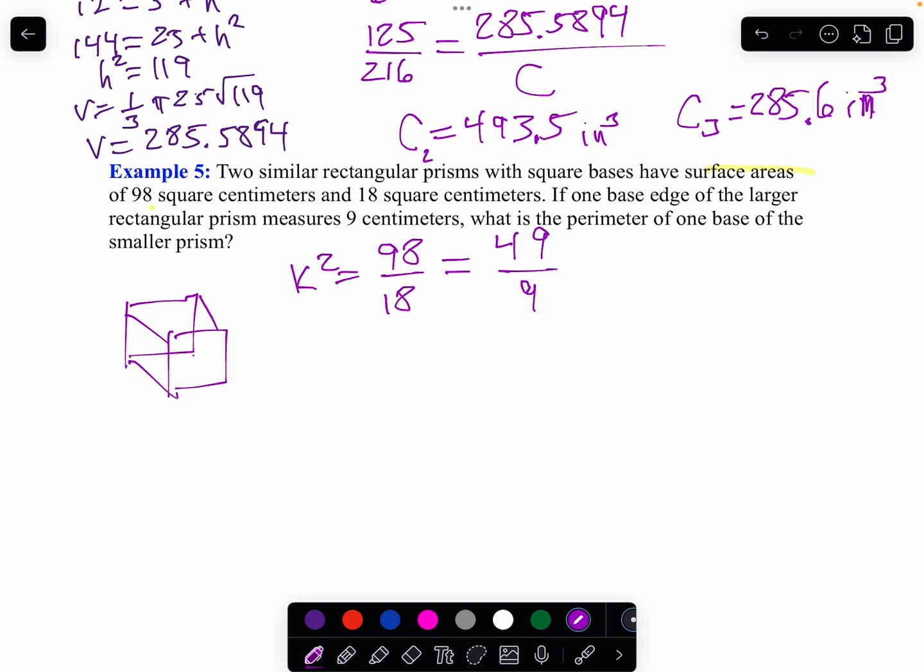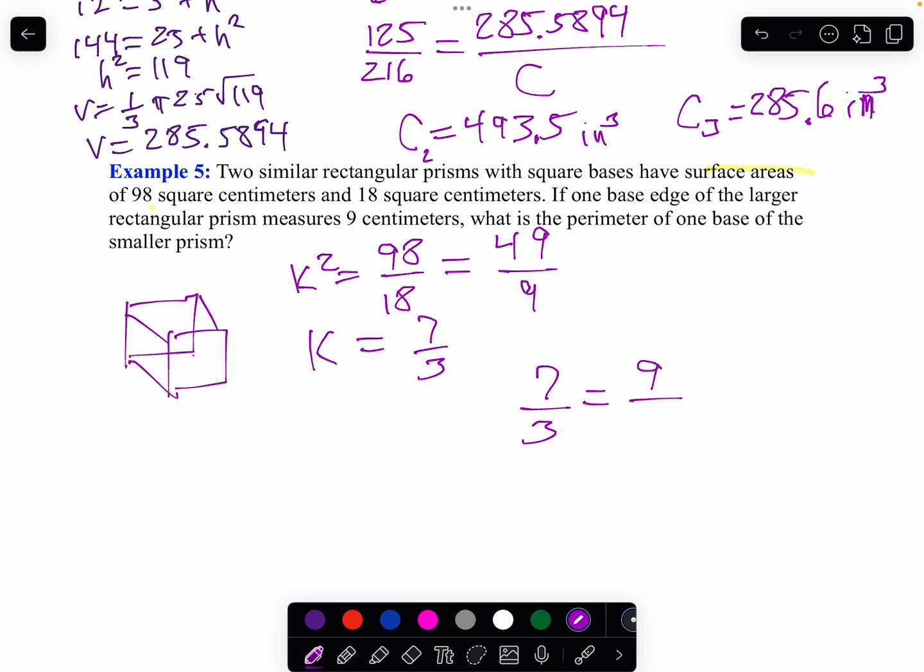And I know the base of the edge of the larger rectangular prism is 9. What's the perimeter of the smaller one? So in other words, first off, that works out kind of nice. K, I'm only looking at perimeter, so I want K. So K then is 7 to 3. And I'm told that the larger one measures 9.